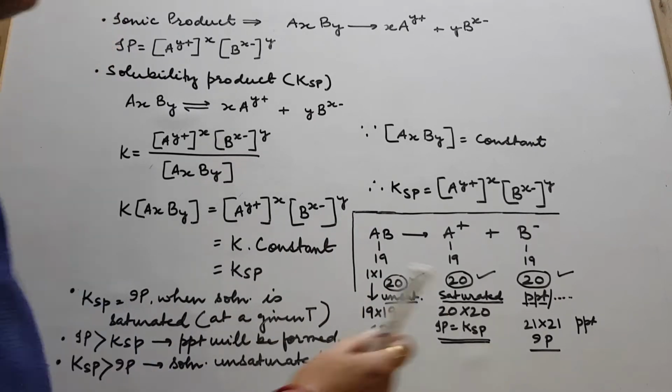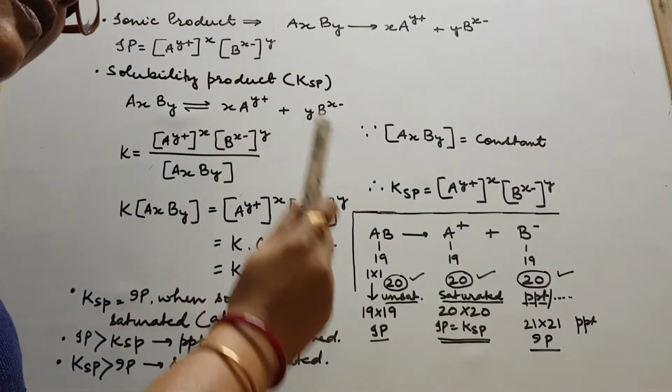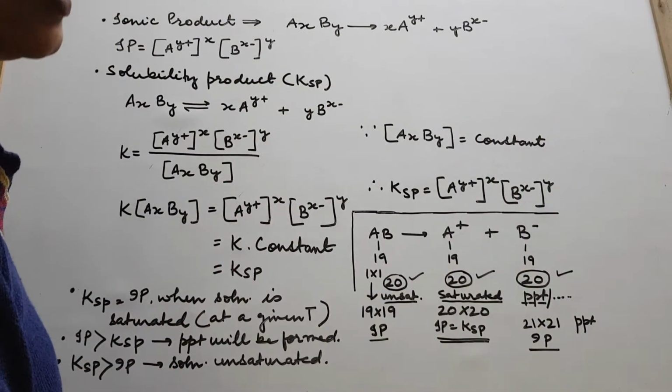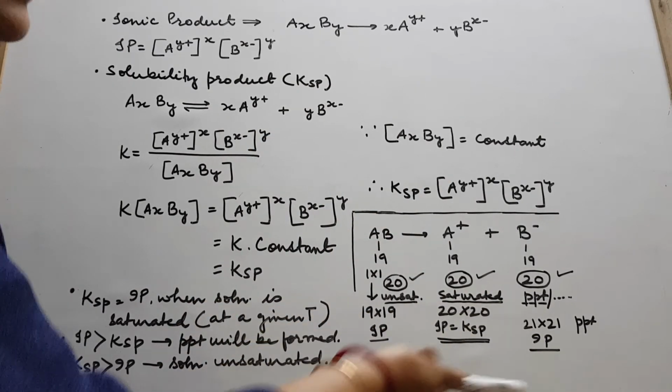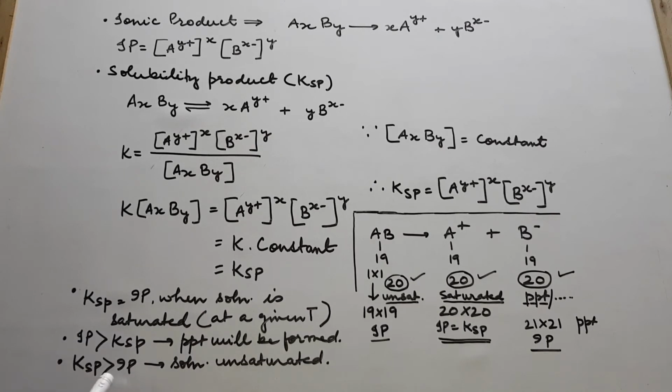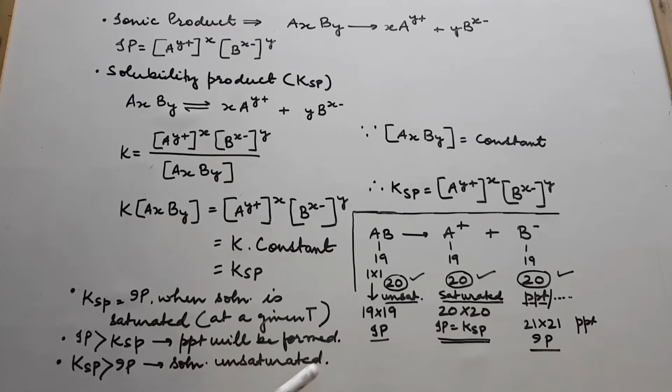If IP is equal to KSP, the solution is saturated. No PPT is formed and no more can be dissolved. If the value of IP is less than KSP, it means the solution is unsaturated. More salt can be dissolved, like it was here.